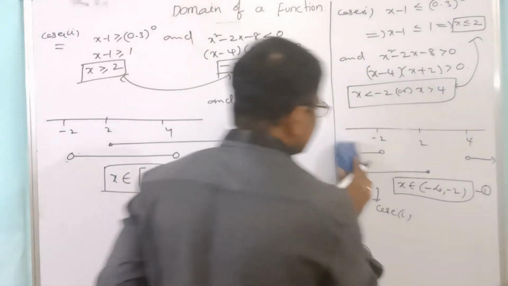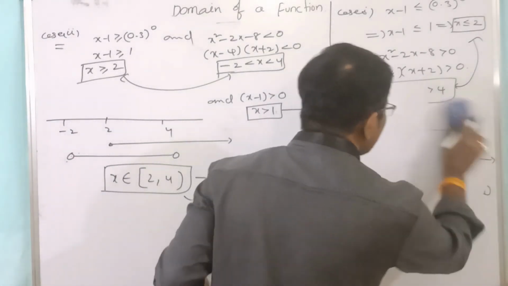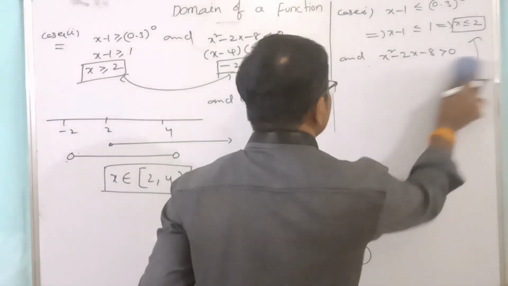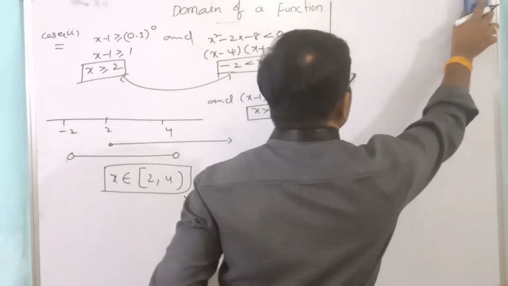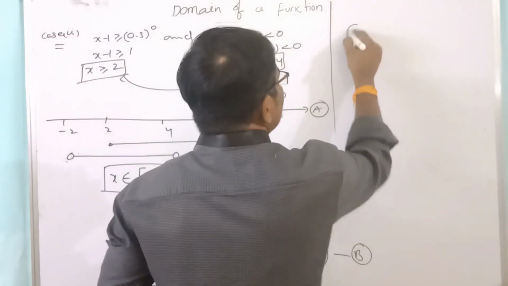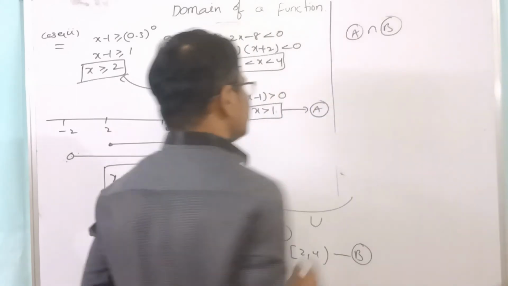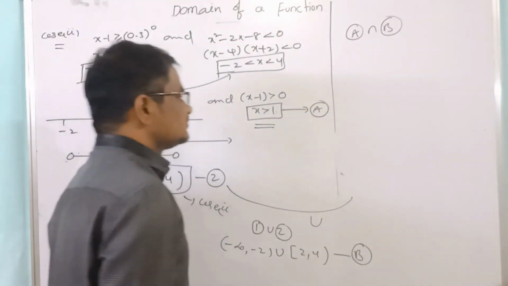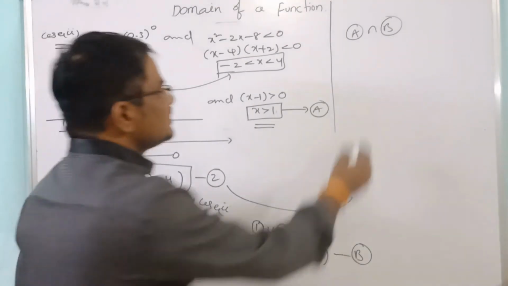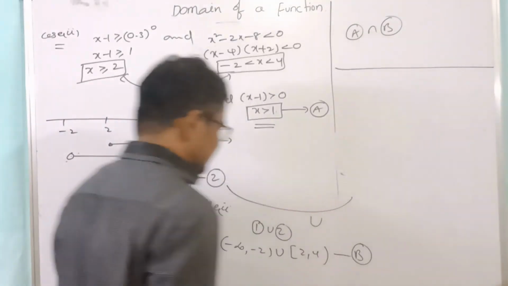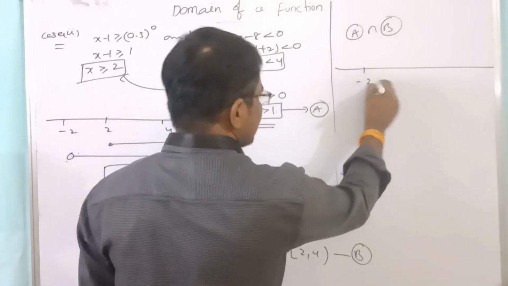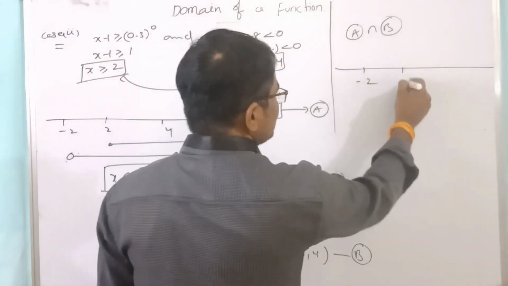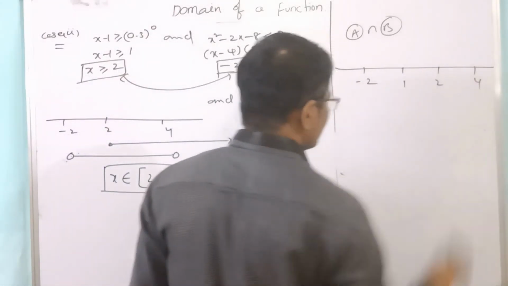Now finally, what do we have to take? A intersection B we have to take. What is A? x greater than 1, and this is B. So take these two on a real number line, with minus 2 here, and 1, 2, 4.